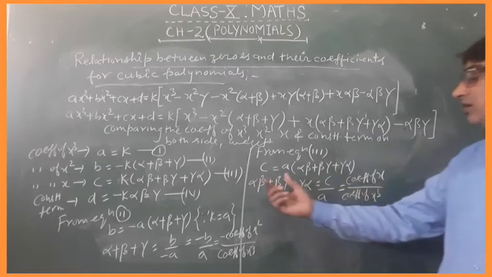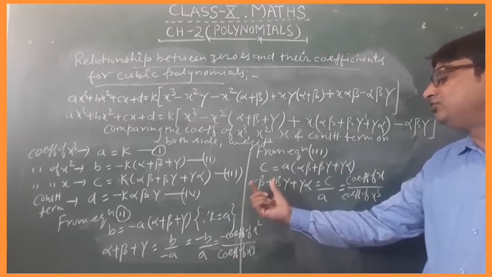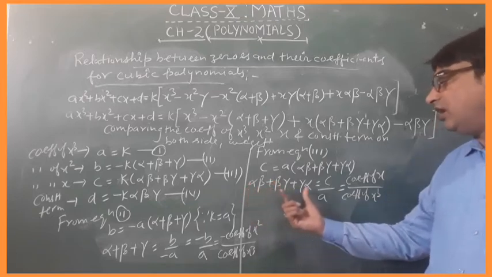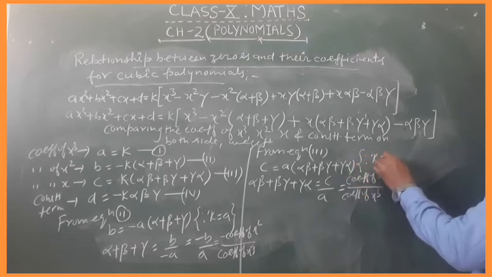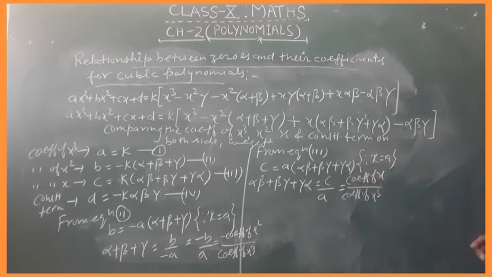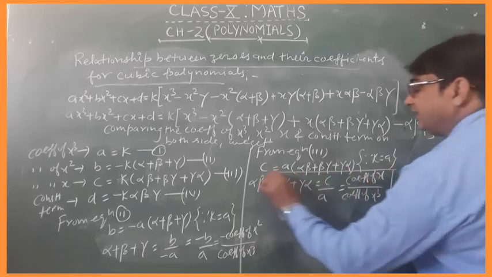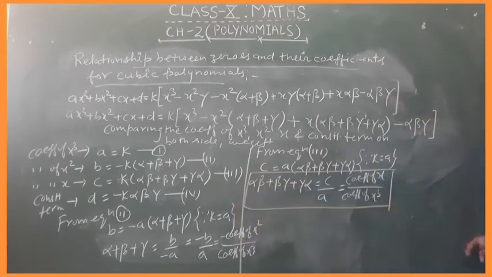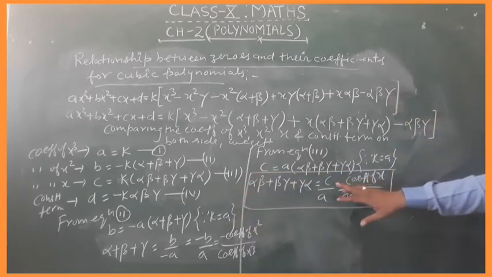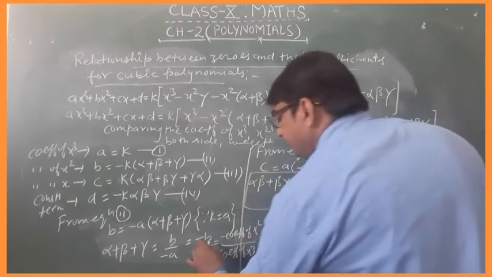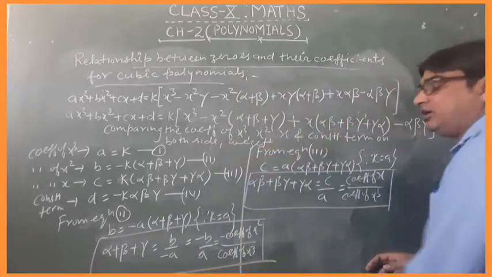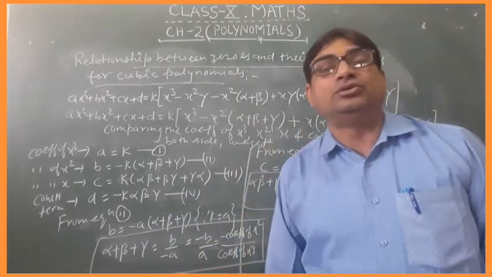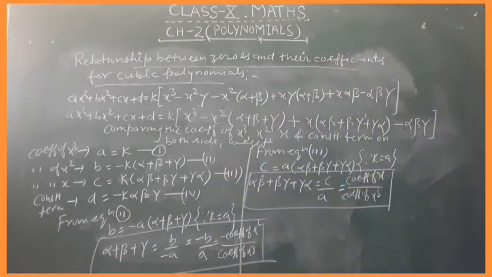So this is the sum of products of two zeros. And here putting k equal to a, this is the second relation: αβ + βγ + γα = c/a, and α + β + γ, the sum of zeros, is equal to −b/a.